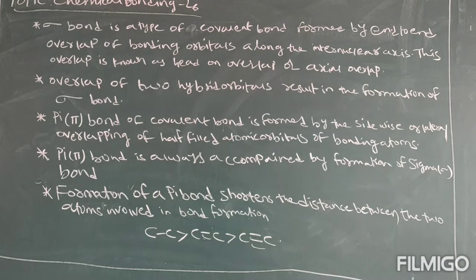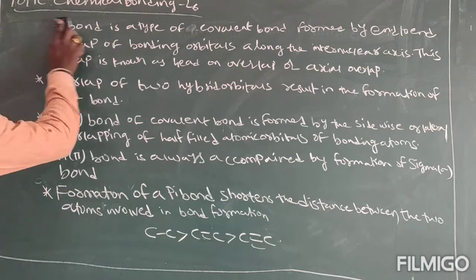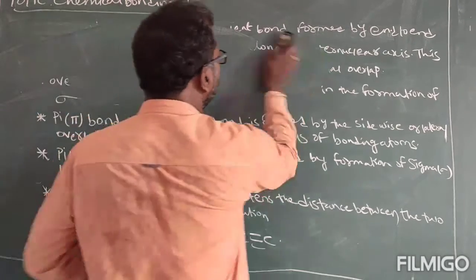Sigma bond and pi bond overlapping, we call them. If they are overlapped like this through the internuclear axis, then it is okay. You can note down the diagram if you want.